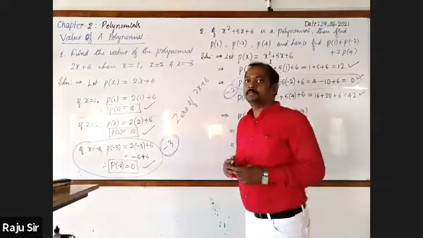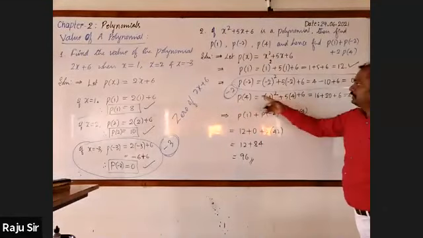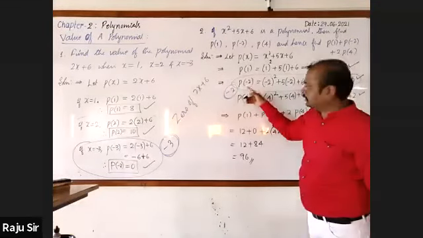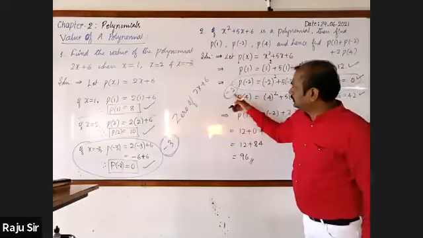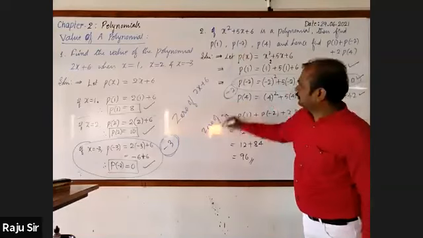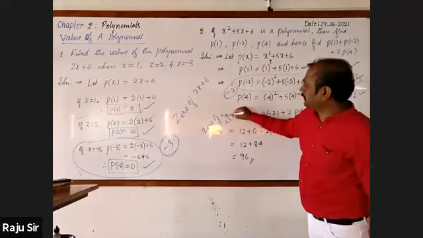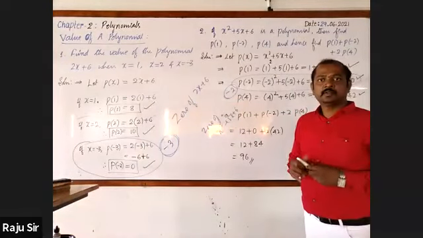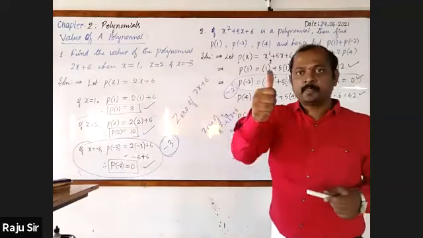Similarly, in the second polynomial, minus 2 is called 0 of x square plus 5x plus 6. Understood? Okay.